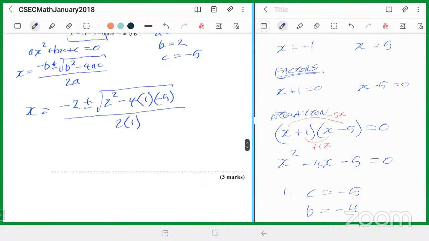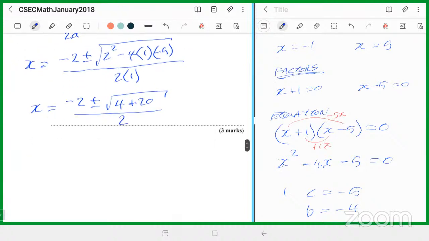Let's simplify this now, step by step. This becomes 4. This is -4, because -4 times 1 is -4, times -5 becomes +20. All over 2 times 1, which is 2.